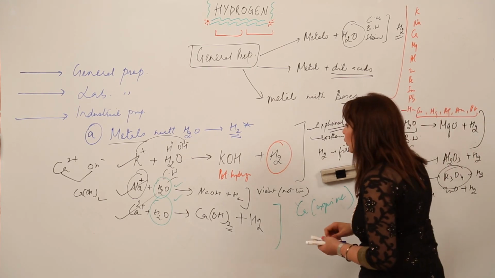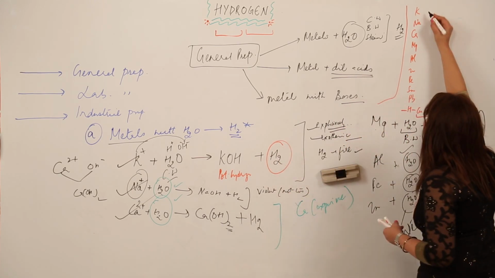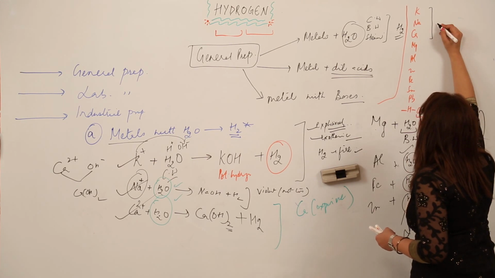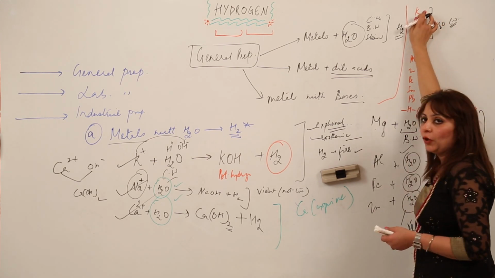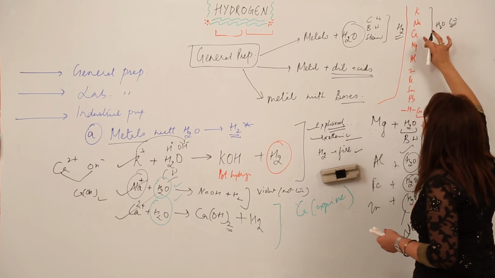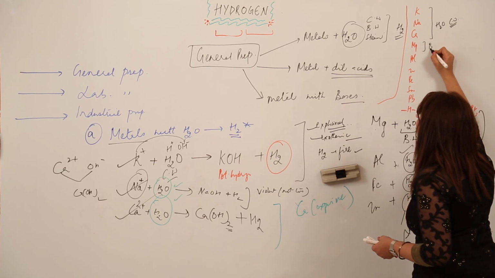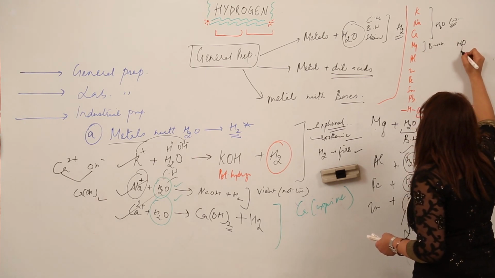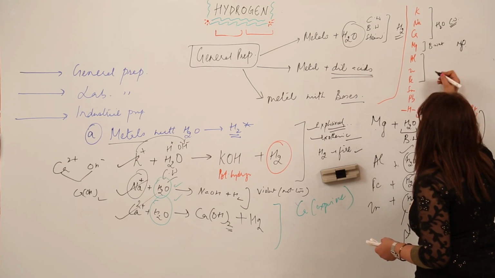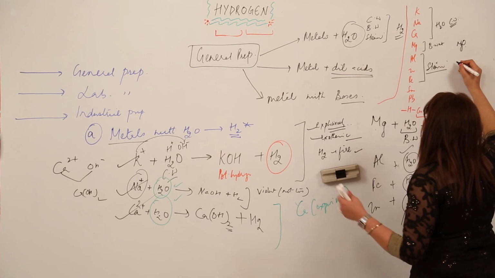So we can cite a few examples from what I have given you. Three of them react with cold water, the reaction being violent, less violent, but the calcium is less violent. And magnesium reacts with boiling water, forming its oxide, right. And aluminium, zinc and iron react with steam, and when they react with steam, they form their respective oxides.